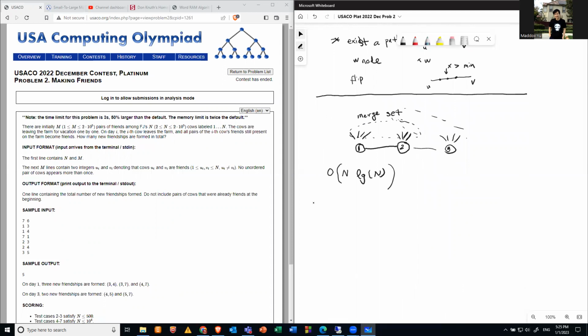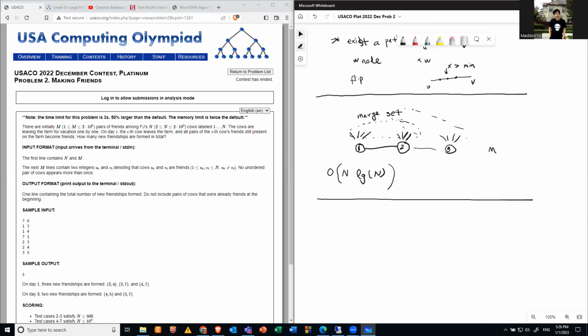If you know this algorithm, you can look at this. This is very similar to what we did before. Think again, what is it?